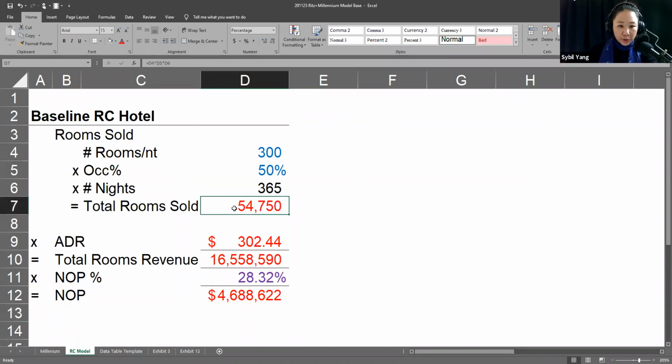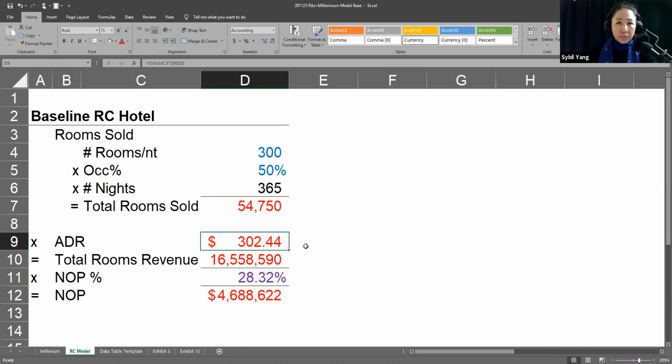365 nights per year, which means in any given year under these assumptions, we would sell a total of 54,750 rooms at $302 a piece. This is total rooms revenue.